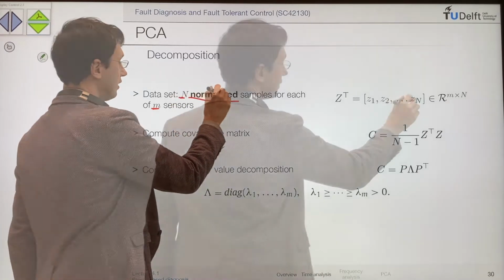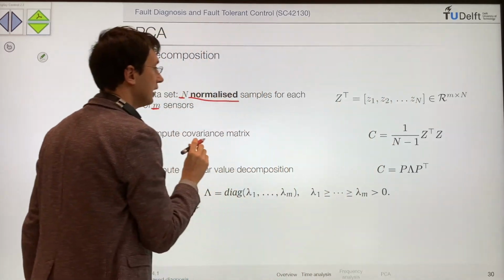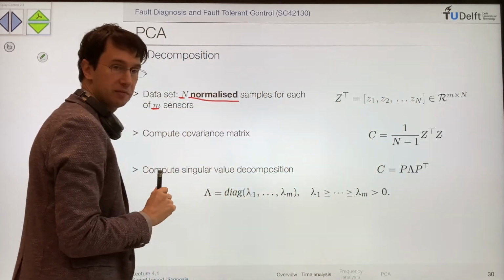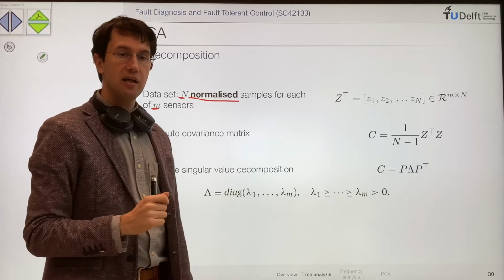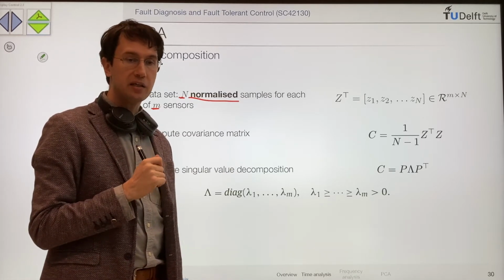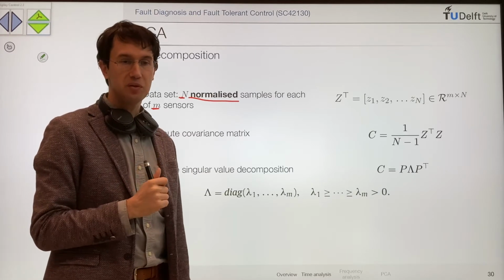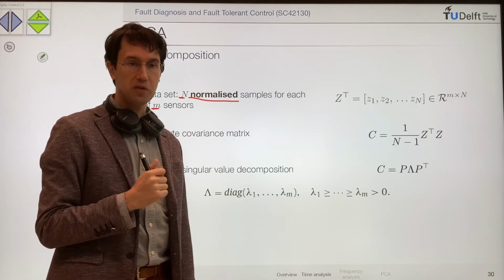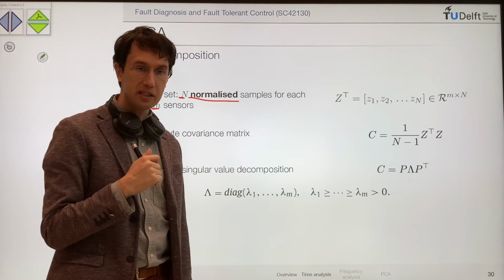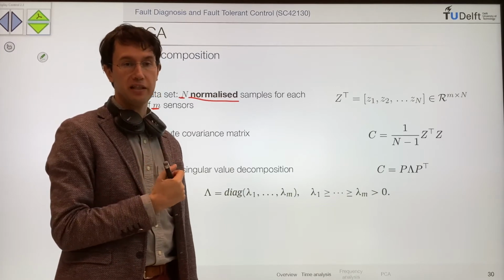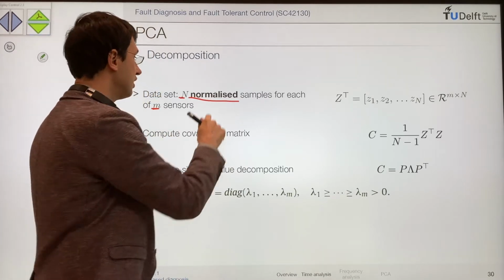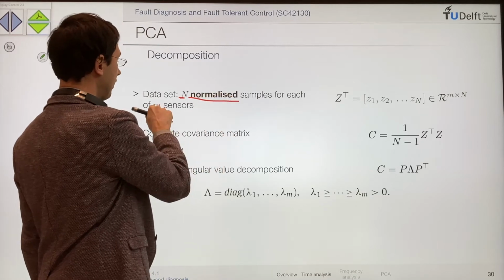And every column is normalized, which means that it should have zero mean and unitary variance. If it is not the case, you need to normalize your data, which means you need to subtract the mean and then divide by the variance of each vector for every sensor.